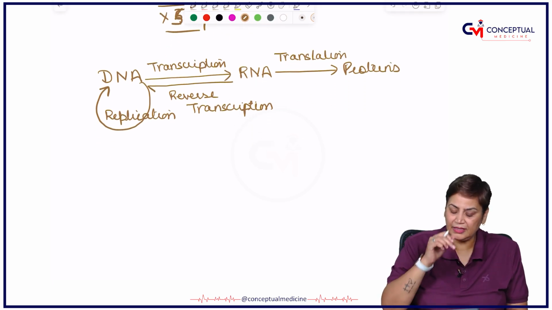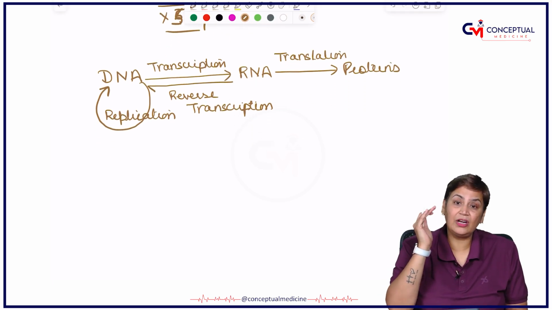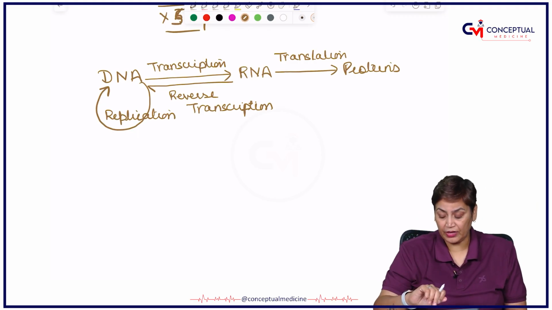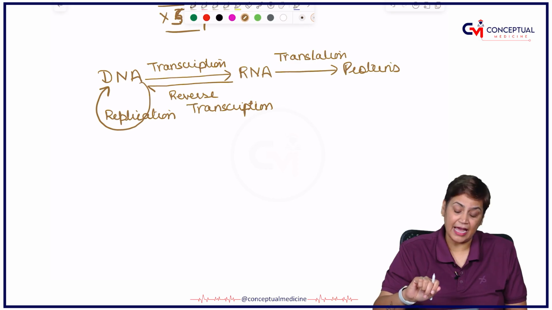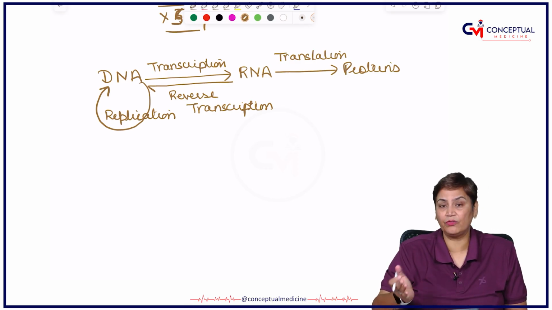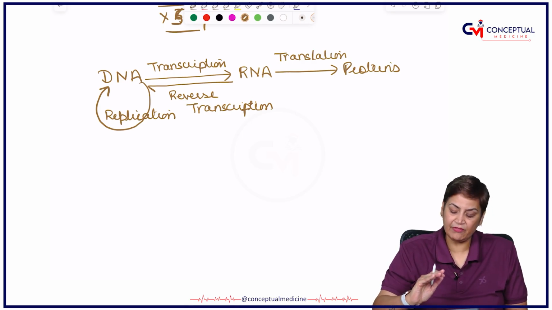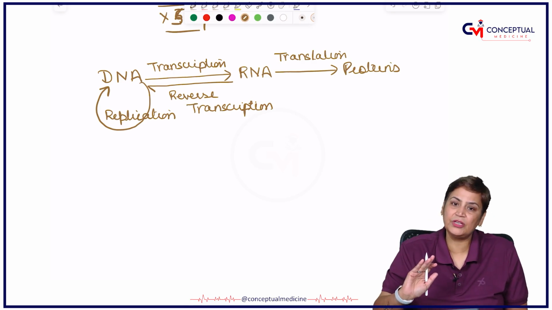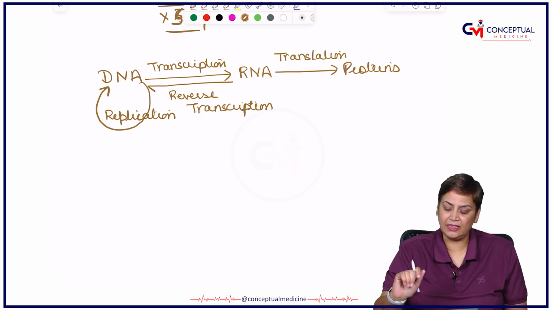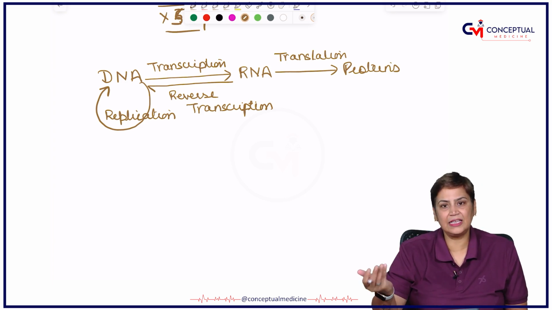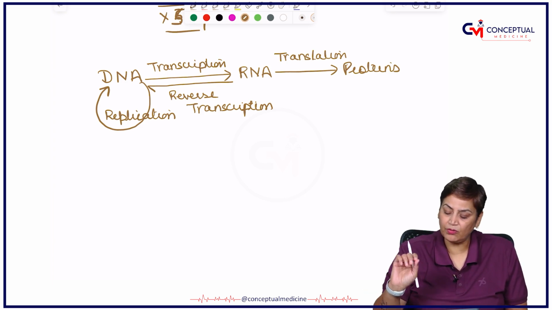So we call this the central dogma of flow of information. And this is basically bidirectional after the discovery of the AIDS virus or retroviruses. So we can say DNA will let the information flow to form RNA, and this RNA will translate the information in the form of proteins.